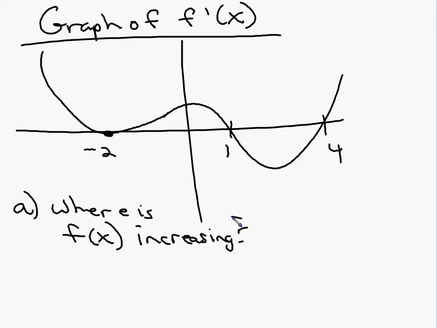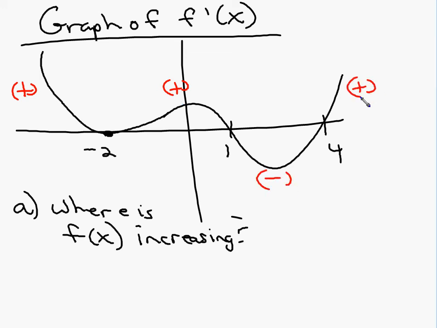Didn't they give me the graph of the derivative? So what we need to think of here is we need to look at function values. Isn't it positive here? Yep. Isn't it positive here? Yep. It's negative here, and it's positive there.